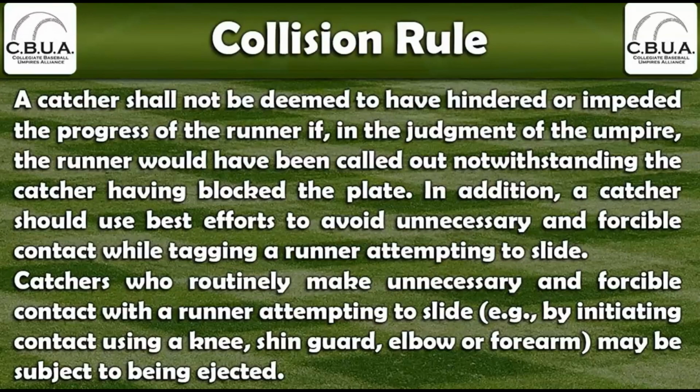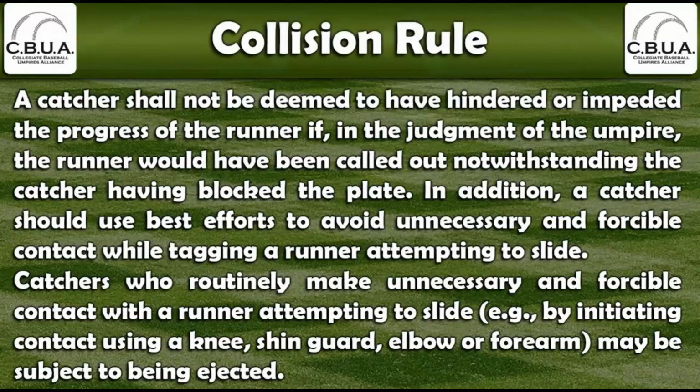A catcher shall not be deemed to have hindered or impeded the progress of the runner if, in the judgment of the umpire, the runner would have been called out, notwithstanding the catcher having blocked the plate. In addition, a catcher should use his best efforts to avoid unnecessary and forcible contact while tagging a runner attempting to slide.